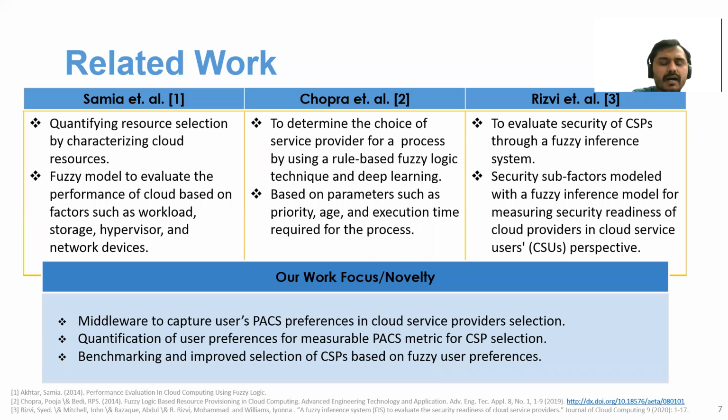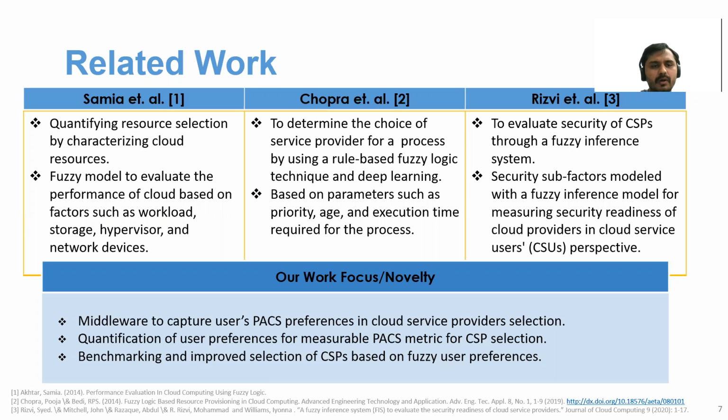So we went through some research areas where people have been trying to come up with models to quantify the requirement from the user and convert it to resource allocation. One of these works is from Samia, who has been trying to quantify resource selection by characterizing the cloud resources.